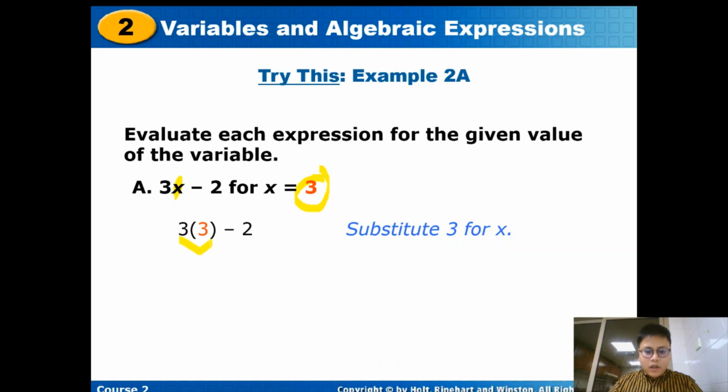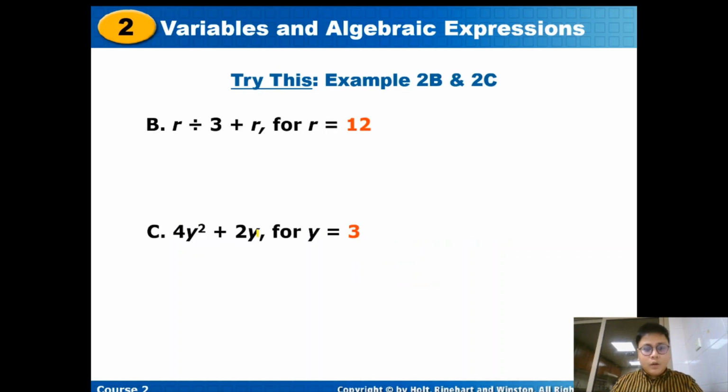Next, multiplication. 3 times 3 is equal to 9. Subtract 2. The answer is 7. Okay, do this one on your notebook. Do it now, and let's see if you will get the correct answers.